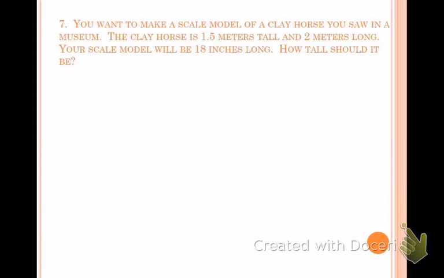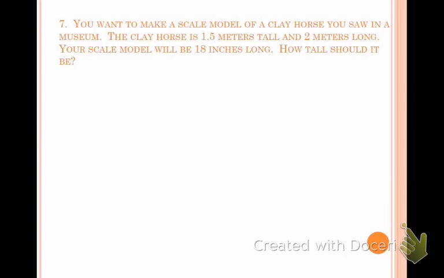The nice thing about proportions is, as long as your two ratios compare the same things, then you can set them equal and you can find whatever you need to find. You may set up a proportion differently than I do. It depends on how you see it. There's a lot of ways to set up a proportion to solve for what you need. But here's what I see in this one.